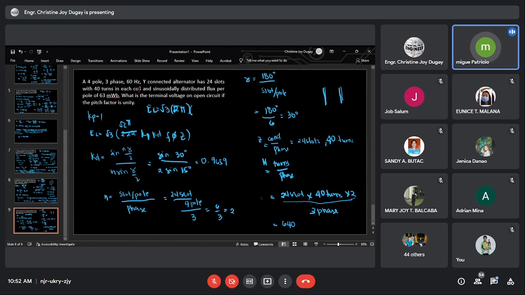Yung coil side po ata ma'am, yun yung conductors. Mm-hmm. Yung coil ma'am is yung kabuuan ng coil. Each coil. Paano kayo gagamit ng problem na yan? 24 slots with 40 turns in each coil, and sinusoidally distributed flux per pole.